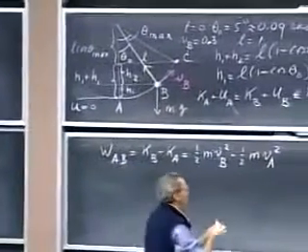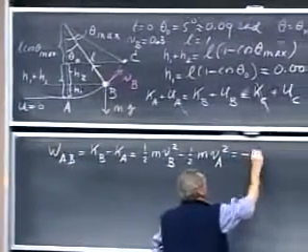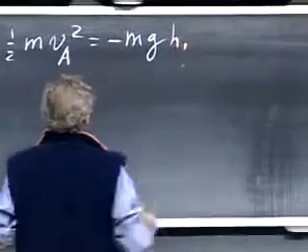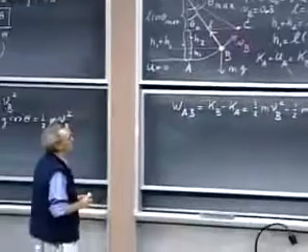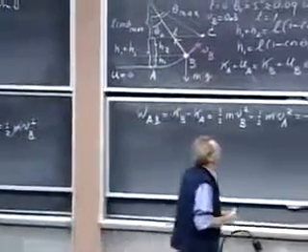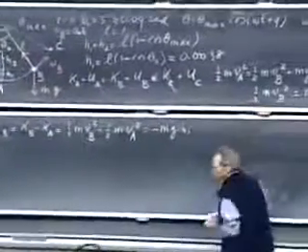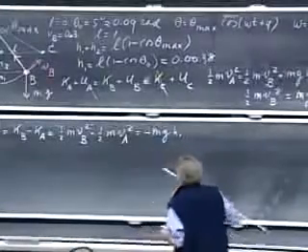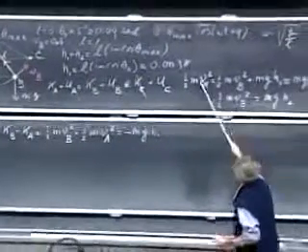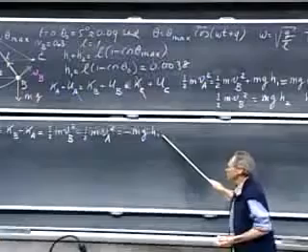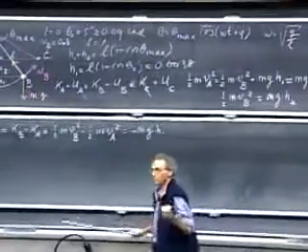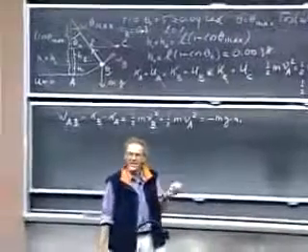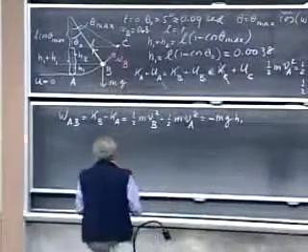Object goes up, does negative work, equals minus mgh1. Now look at that equation. And look, if you want to, here. Compare this one with this one. Completely identical. So the work-energy theorem is, of course, in a way the same as the conservation of mechanical energy.